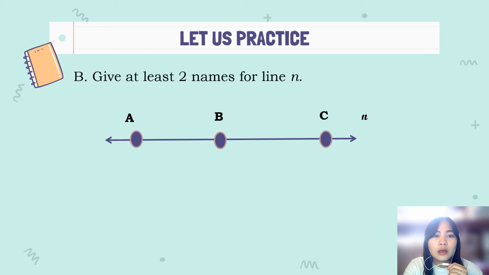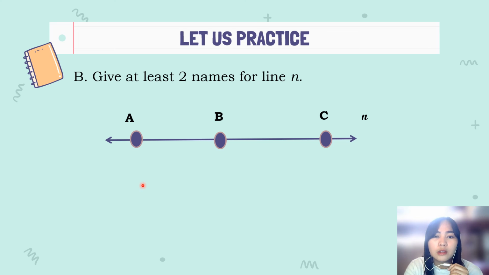Now, give at least 2 names for line N. Our task is to give two names for line N. Again, how do we name a line? We will use the arrowhead above and the 2 capital letters.